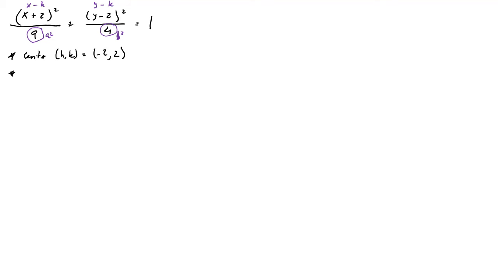And since the denominator of the x squared term is bigger, that means our major axis is horizontal. Okay. And we can also tell that a is equal to 3 and b is equal to 2. Okay, so this is what we can figure out from our equation. So we can go ahead and attempt to graph this.